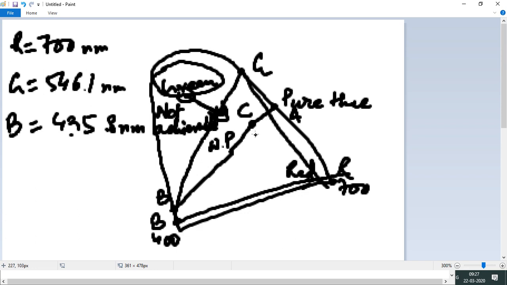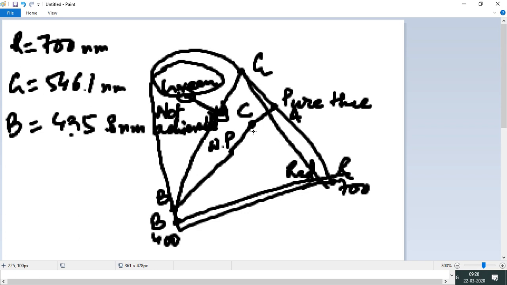Purity can be explained in terms of how much saturation it has with respect to the pure hue of that particular color, right? So if A is the color of pure hue, C is the same hue but with less saturation. So what will be the purity, or the saturation, of that particular color?